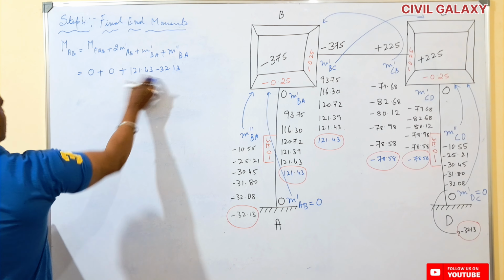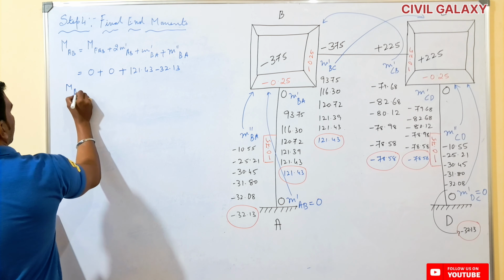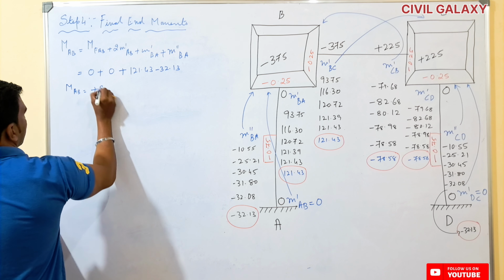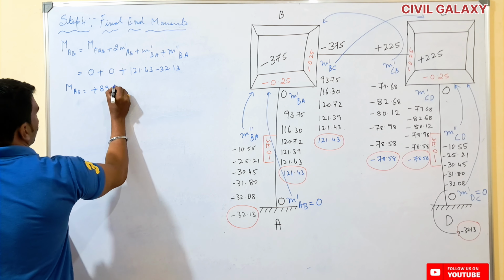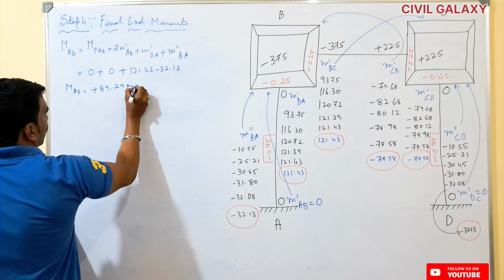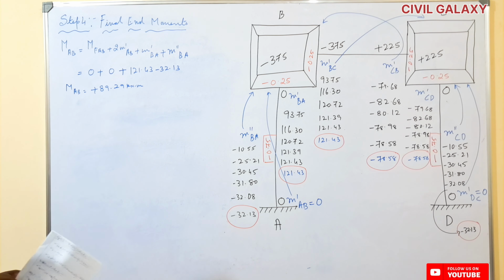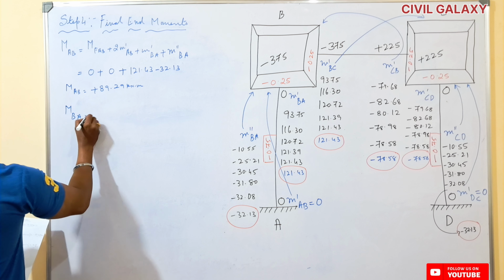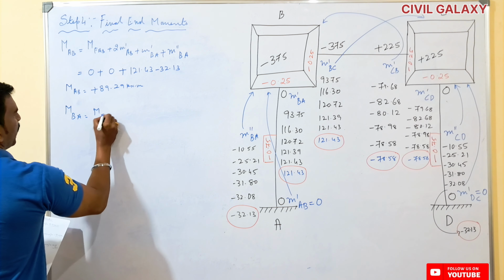So this gives a value of moment about A to B equal to plus 89.29 kilonewton meters.